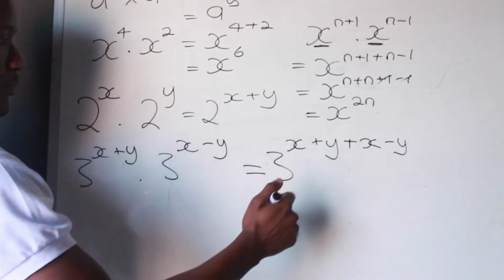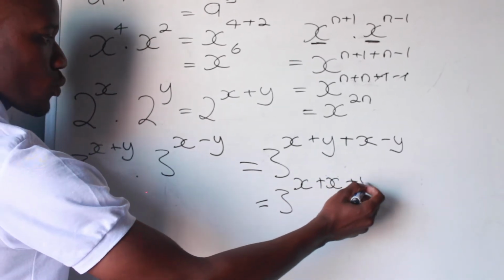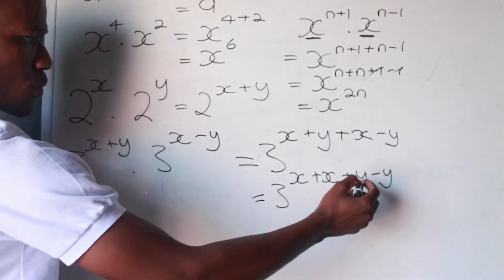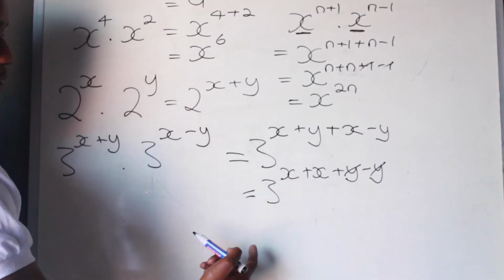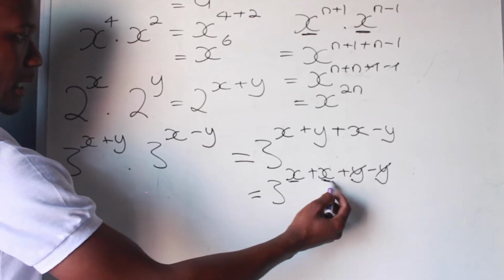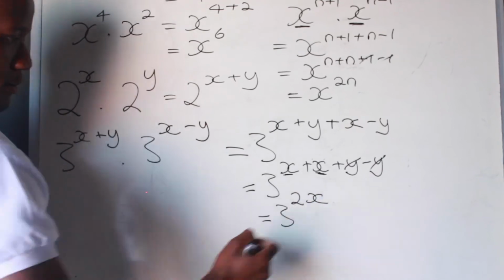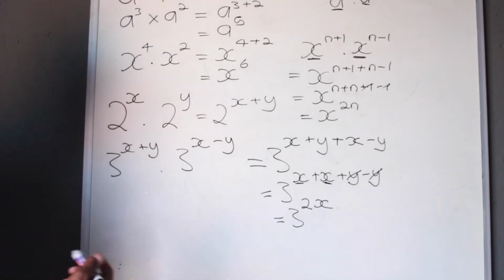So we group like terms: x plus x, and y minus y. Check, y will cancel with y, and x plus x is 2x. Why? Because they have the same base, so it is 3 to the power 2x. So when we multiply the same base, we add the exponents.